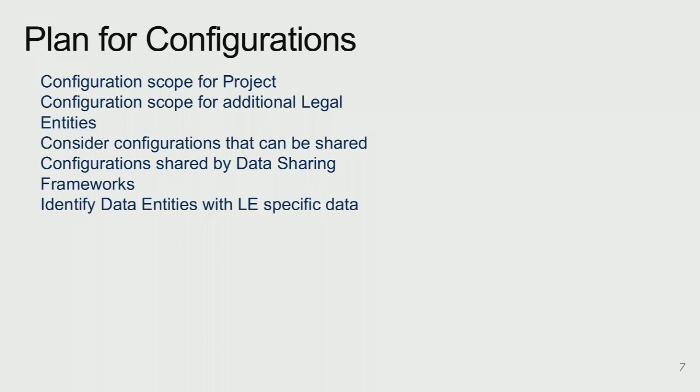That means I don't need to load that data again when I create a new legal entity. So there is one data entity that, yes, I know needs to be loaded in the next legal entities, but because I am enabling that sharing in this framework, I don't need it. I just remove it. It's one data entity less that I need to load. So that means my data package starts to decrease.